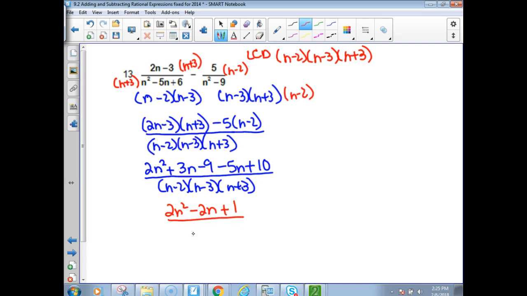That's not factorable, is it? What's the matter? Question? No? Any questions? Okay, that's it. Can't do anything else on that. And this is 13.